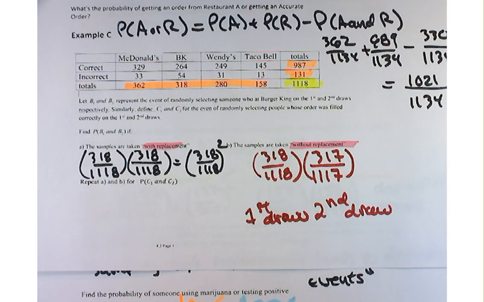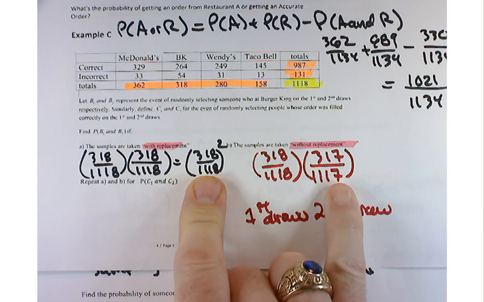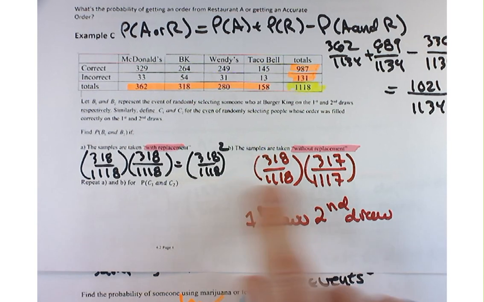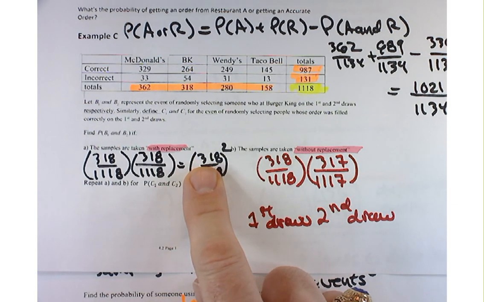Is there a big difference in the probabilities if I calculate a decimal value between this and this? Probably not. Now, there's some guidelines that we're going to give you that say, you know what? Under these guidelines, you can replace this more tedious calculation with this easier calculation. That's our little guideline that's coming up next.